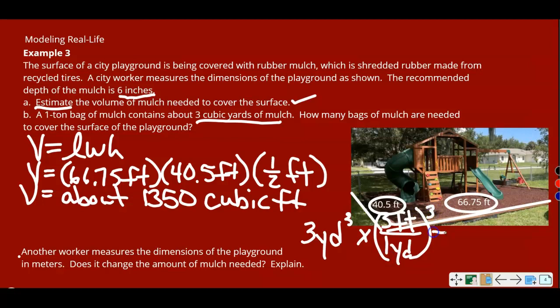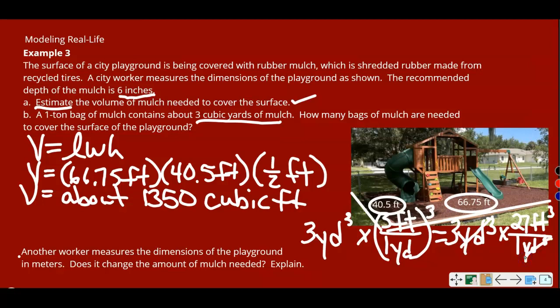So that's going to equal 3 yards cubed times, and 3 cubed is 3 times 3 times 3, which is 27 feet cubed. And then 1 cubed is just 1, so it's just over yard cubed. That's going to cancel out our yards cubed.